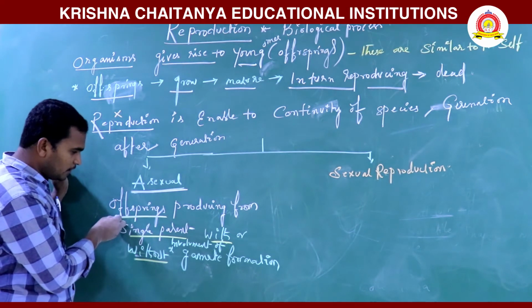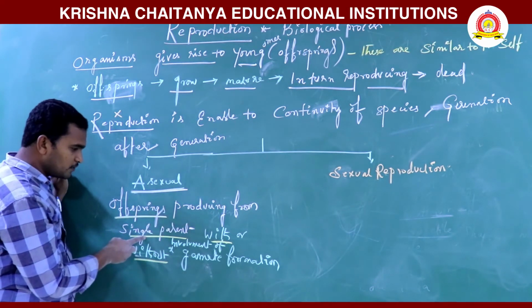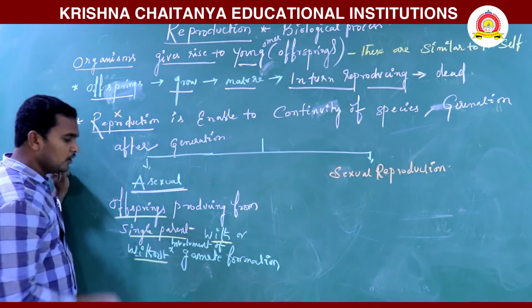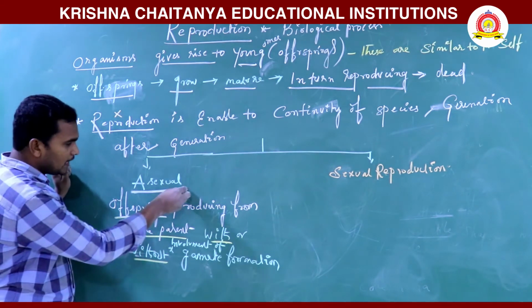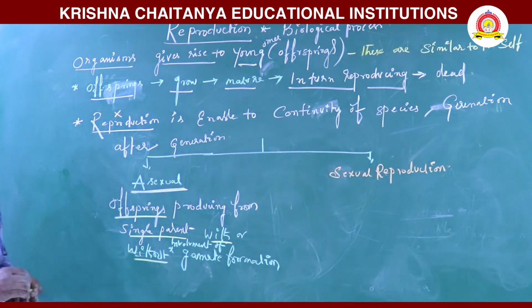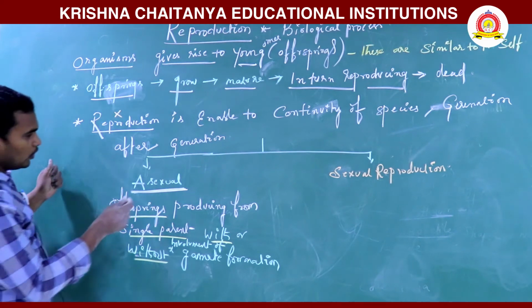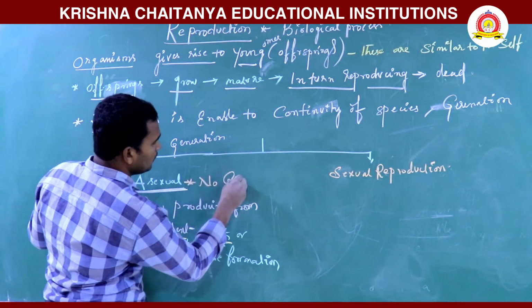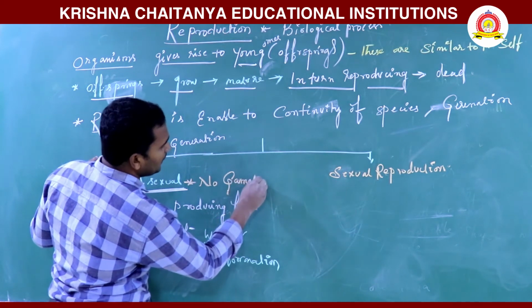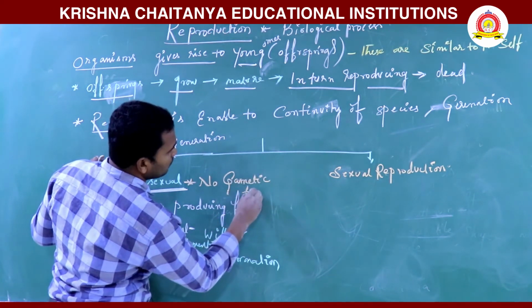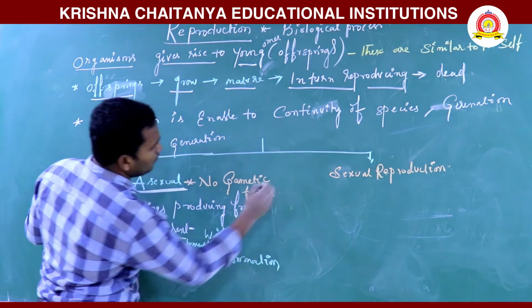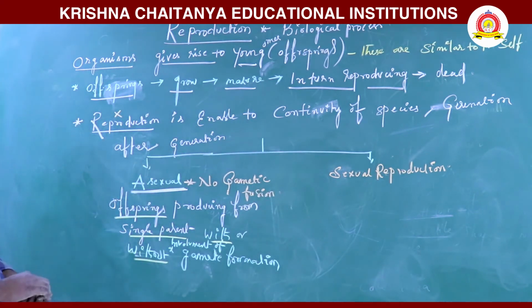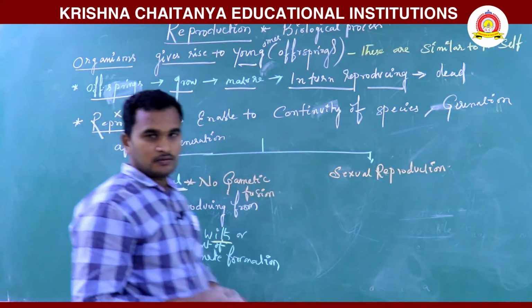Asexual reproduction is nothing but offsprings produced from a single parent with or without involvement of gametes. There is no gametic fusion, no fusion of gametes.